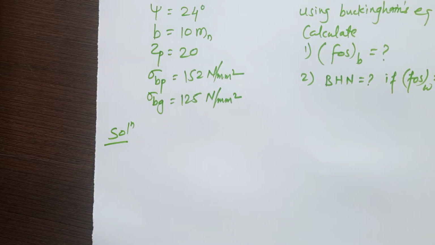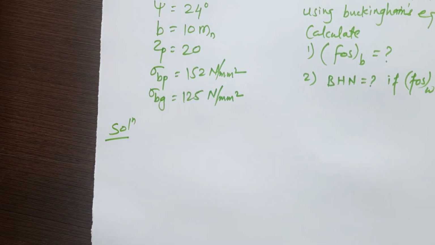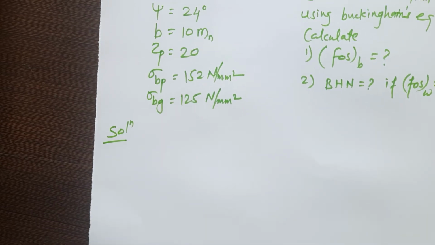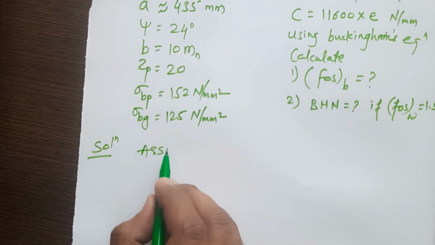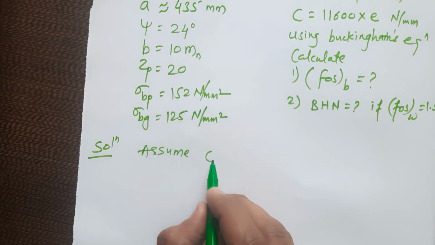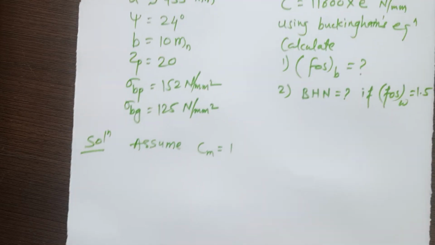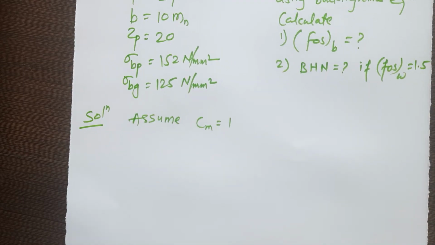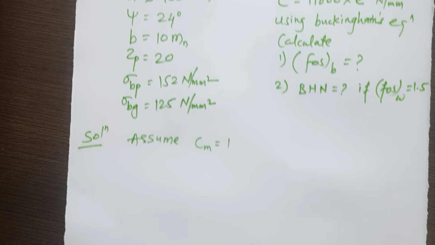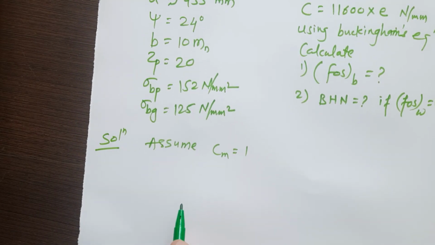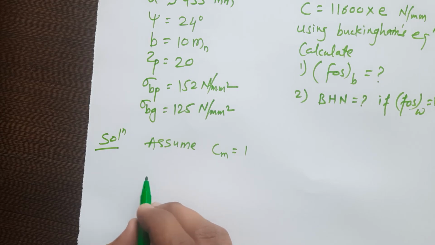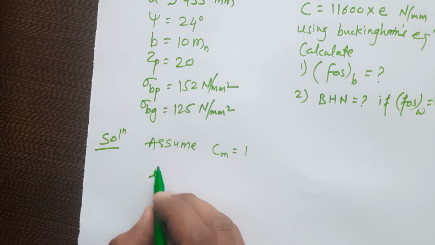Okay, so we'll go to the solution. Now here load distribution factor is not given, so we will assume load distribution factor CM as 1. Then after that we have to calculate ZP and ZG. Because here ZP is given but ZG, number of teeth on gear, is not given, so we can calculate it by gear ratio i.